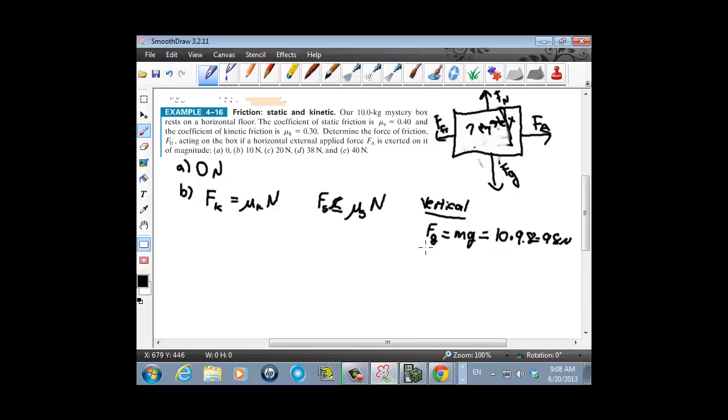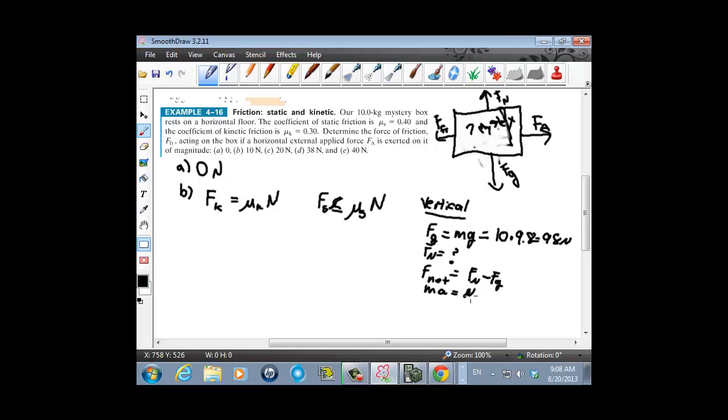Okay, let's say we don't know what our normal force is yet, but we do know by Newton's second law that our net force, and we'll call up positive, will be Fn minus Fg. Net force is mass times acceleration, equals Fn minus 98 newtons.